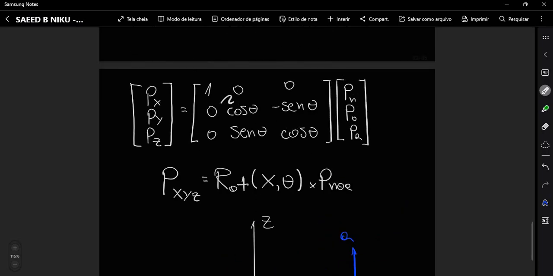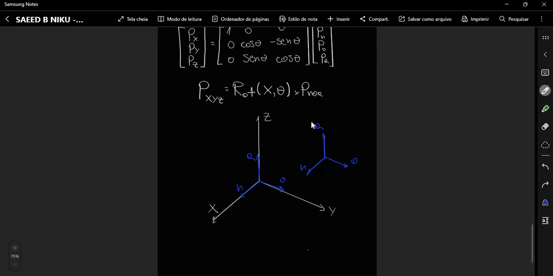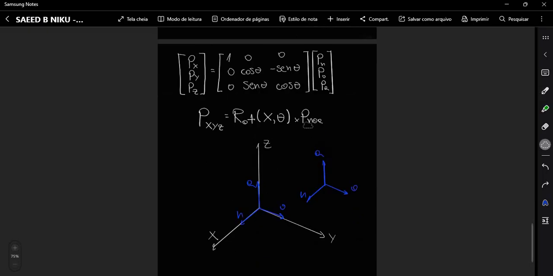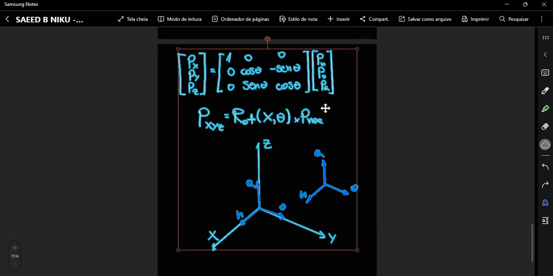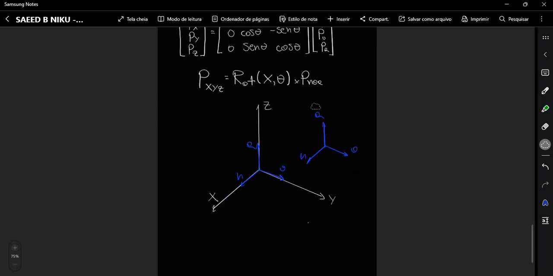So this matrix is a characteristic matrix, which means a pure rotation movement. And let me drag down this a little bit. Okay, now let me drag down this.